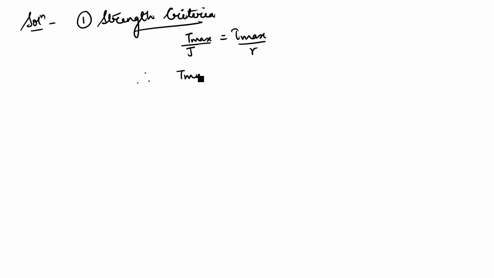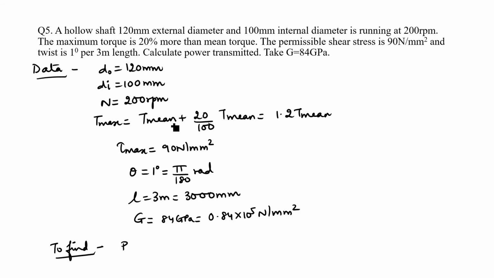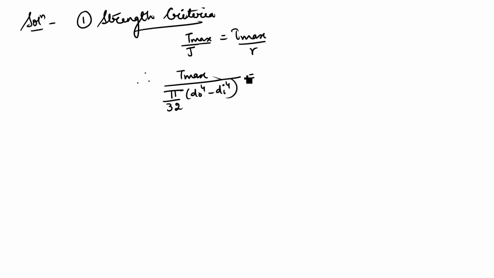T max unknown. J has this formula. The value of tau max is given as 90. So I can substitute, and R will be dO by 2. So let's substitute now.